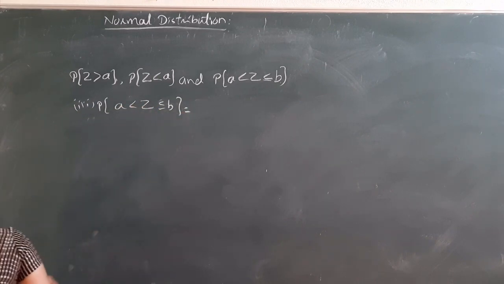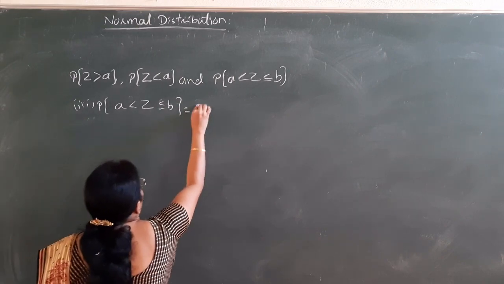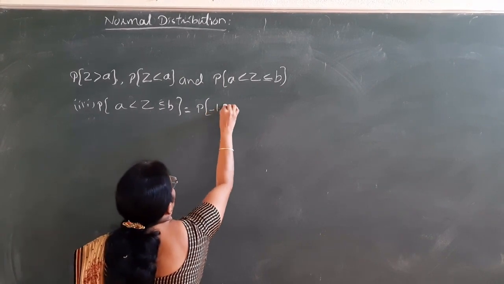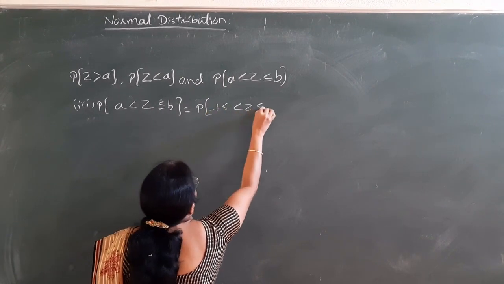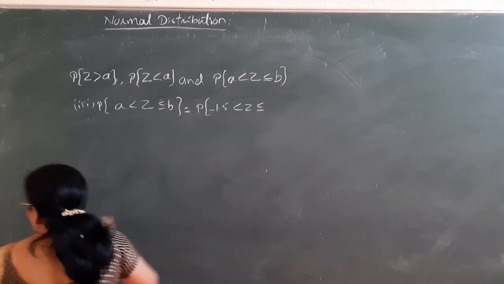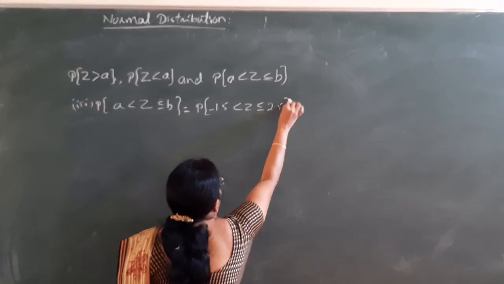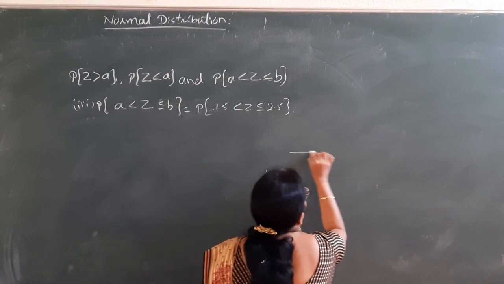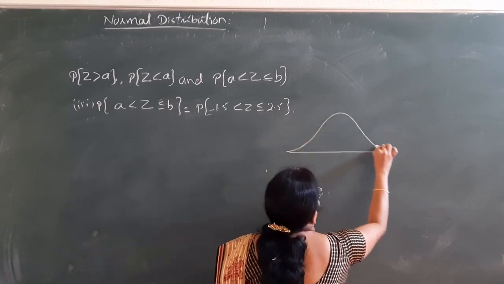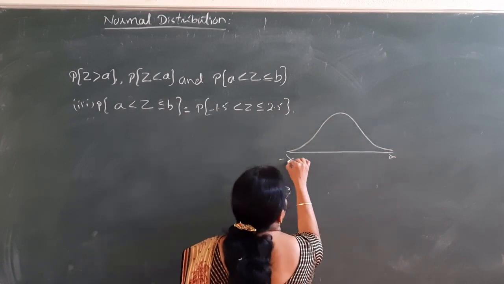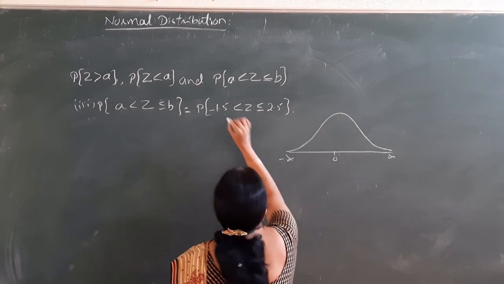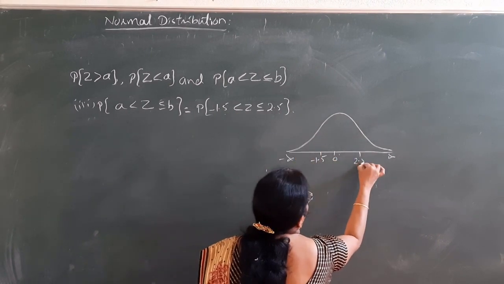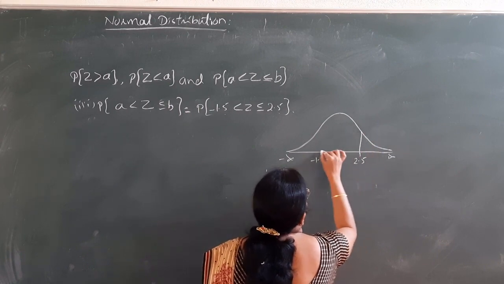Let a equal to minus 1.5 and b equal to 2.5. Now how to find this? First represent this through a standard normal curve, and mark minus 1.5, which is negative, and 2.5, which is positive, on the right side of 0.